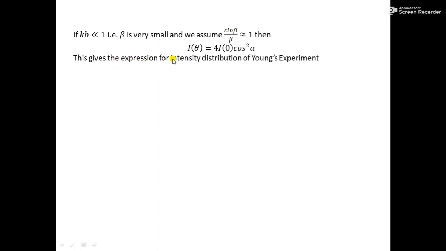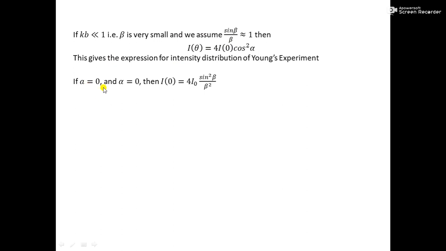And this gives the expression for intensity distribution of Young's experiment. If you remember, this cos square alpha term gives the intensity distribution for Young's experiment. So this term corresponds to the interference pattern.